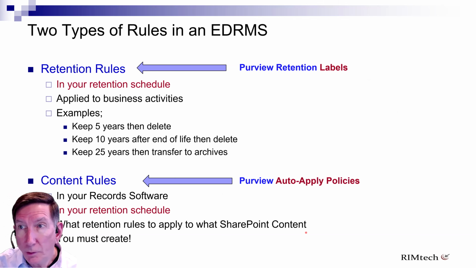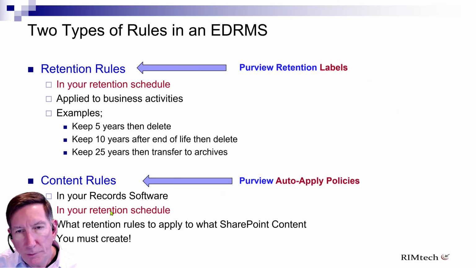And yes, they do have to go into Purview, but that's not what you need to do. You need to do a lot more. There are two types of rules you have to put into Purview. First, retention rules. And they're classic rules such as keep 5 years and delete, keep 10 years, 25 years, whatever. That's straightforward and simple. But that's not what matters in Purview. What matters is the content rules.